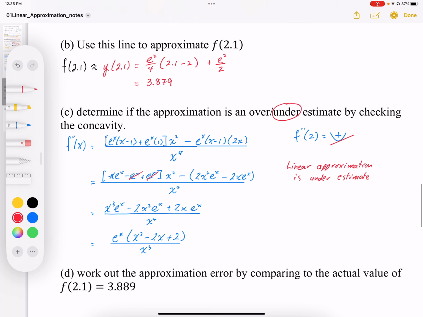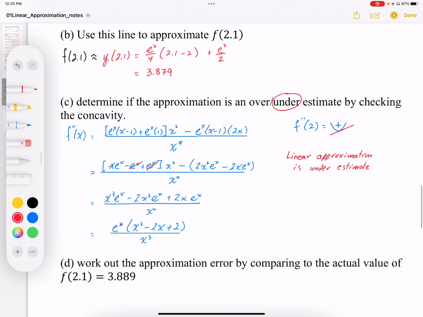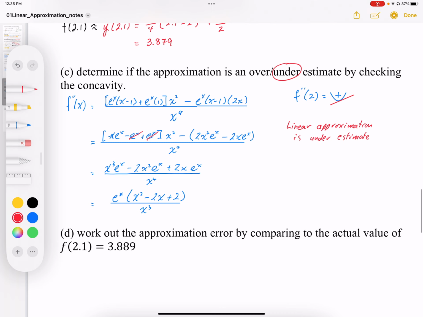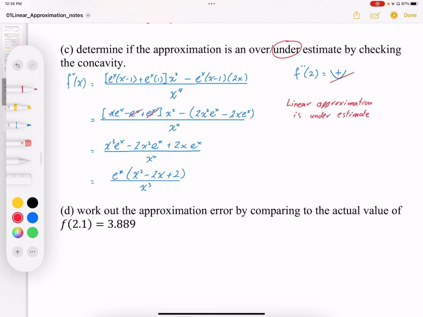Okay, so our estimate was 3.879. Now, the actual value when you type it into the calculator is 3.889. So again, we can confirm that is an underestimate. And we can work out the error by taking the difference. Okay, so we have 3.889 minus the approximate value of 3.879.